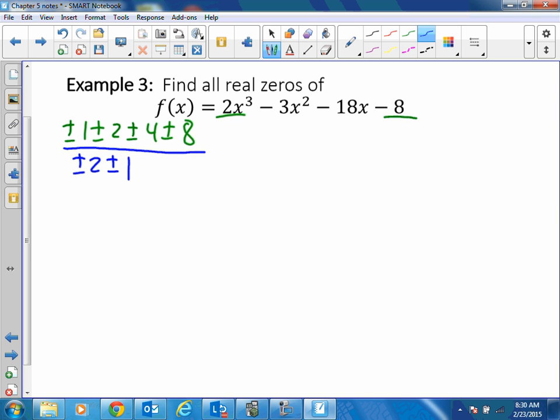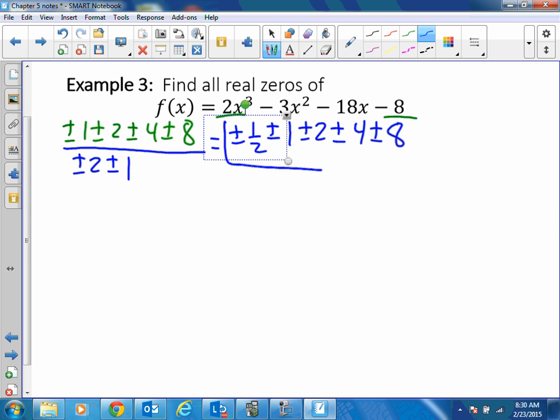So 1 divided by 2 is 1/2, and 1 divided by 1 is 1, 2 divided by 2 is 1, 2 divided by 1 is 2, 4 divided by 2 is 2, 4 divided by 1 is 4, and 8 divided by 2 is 4, and 8 divided by 1 is 8. Okay, so you don't have to list them twice, just once, and that would be our list.